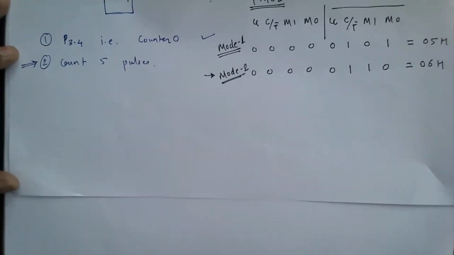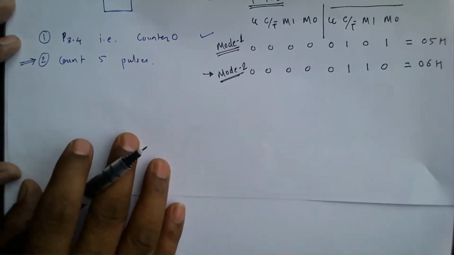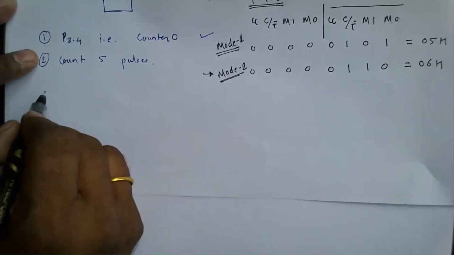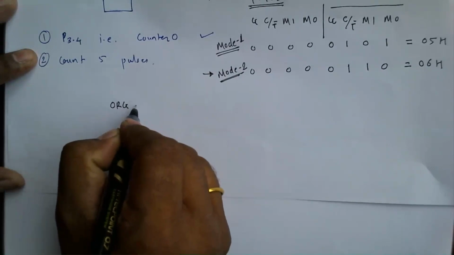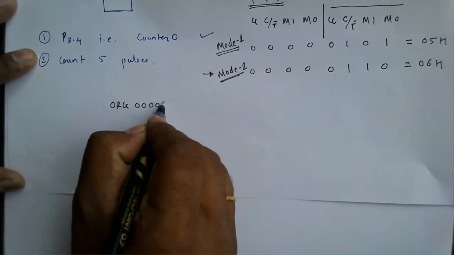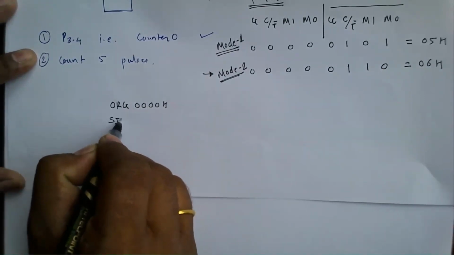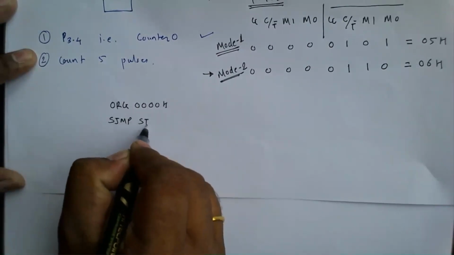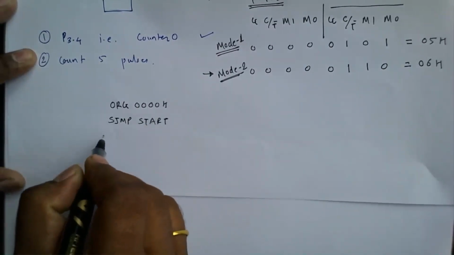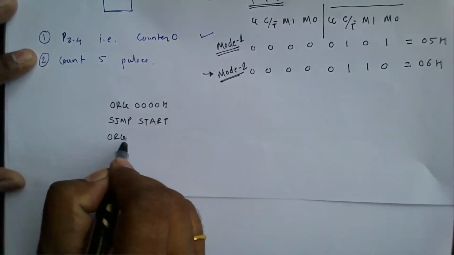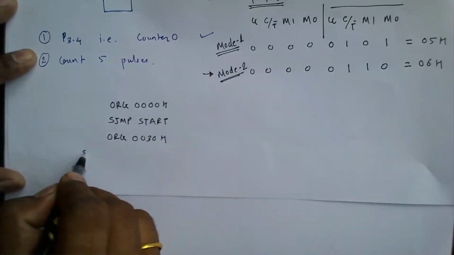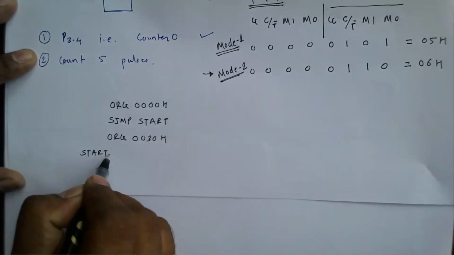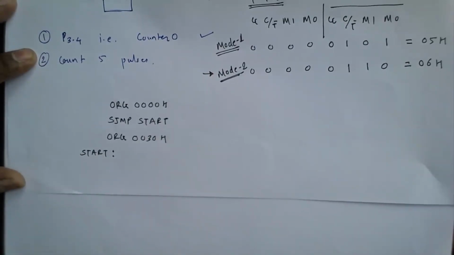So the first thing we have learned in the programming step is to start with org. Okay, so let me write here org, start with 0000H, then SJMP to again start, then again org 0030H. Here we have start colon, right?